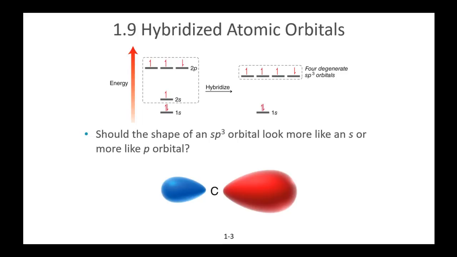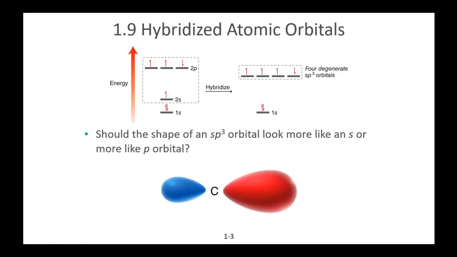When we combine the 2s orbital with the 3 2p orbitals, we ultimately get 4 hybrid orbitals, which are 3 parts p and 1 part s. We call these hybrid orbitals sp3 orbitals, since 1 s orbital and 3 p orbitals went into making them.